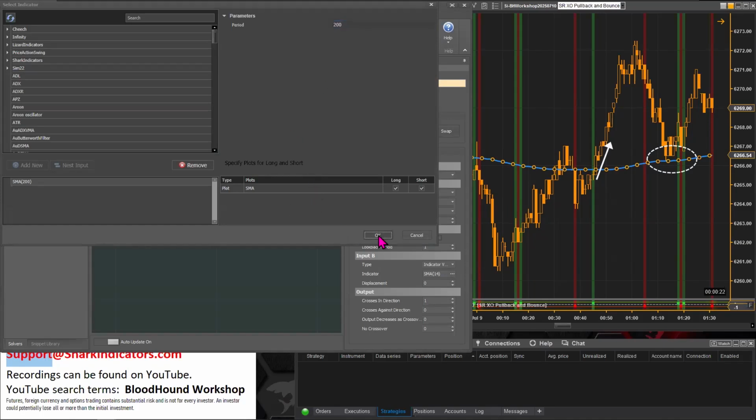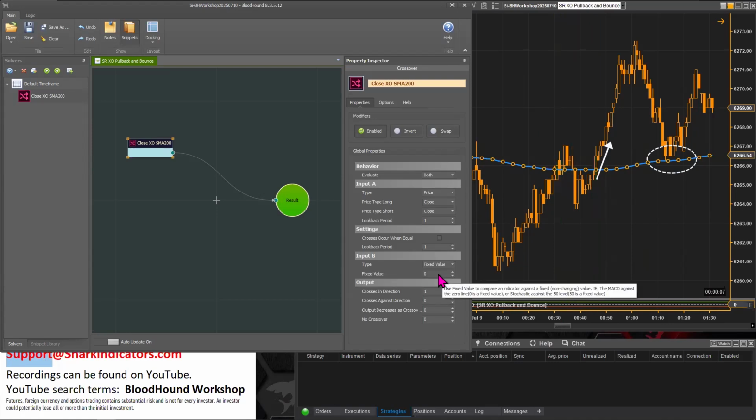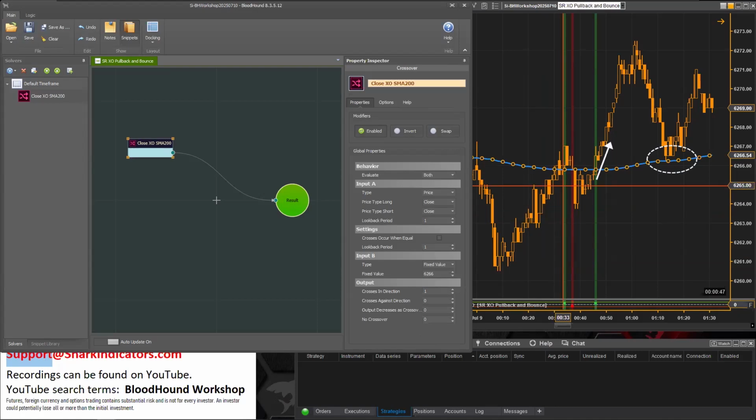Now if you're using some kind of proprietarily calculated price level, then for input B we can change this to a fixed value. What should we put in? I'll put in 62.66, and there we go.